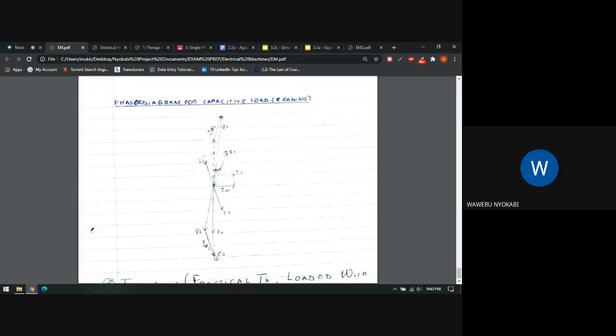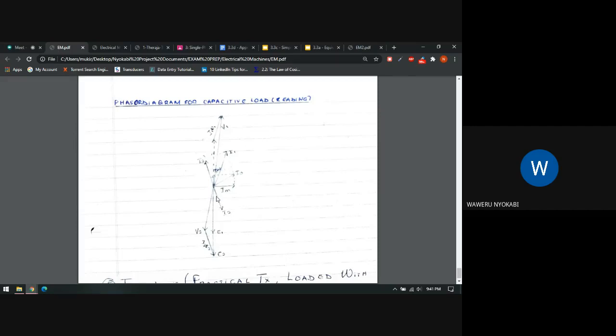So first of all, remember, this is a leading load, so meaning the I2 leads. I2 is leading, so it's on this side.